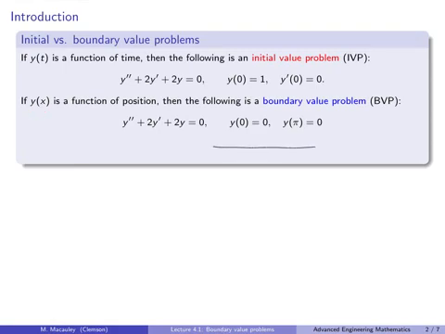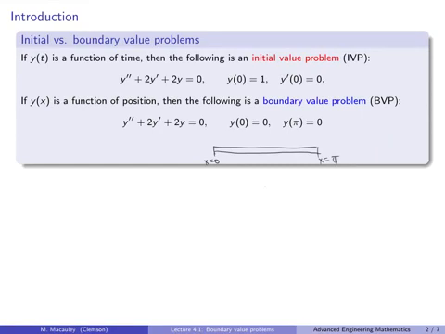Maybe we have a rod here, and we're saying something about the temperature at the left endpoint, so this is position x equals 0, and this is position x equals pi. And maybe x is in radians, so this is maybe a semicircle going around 180 degrees.